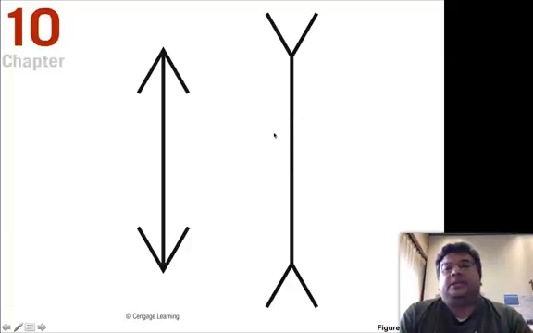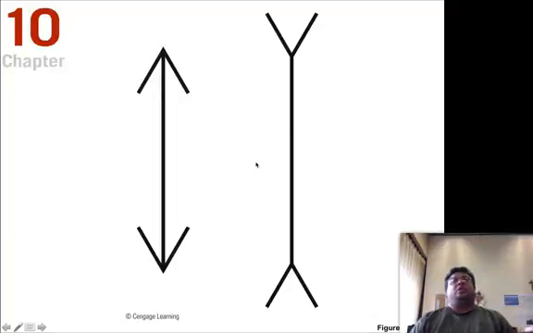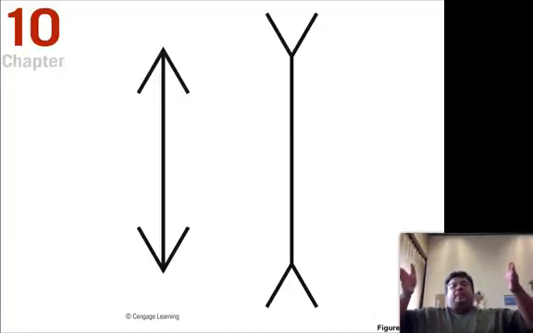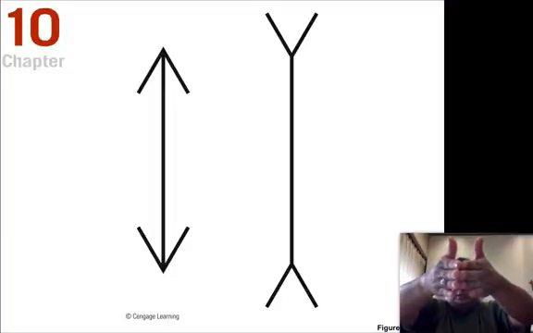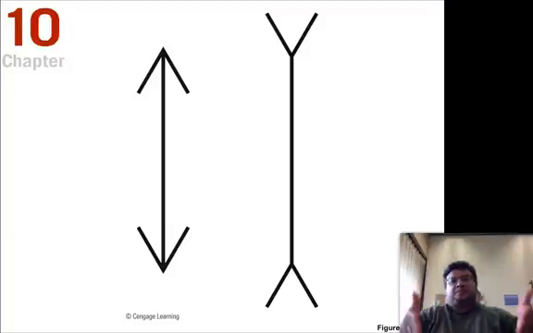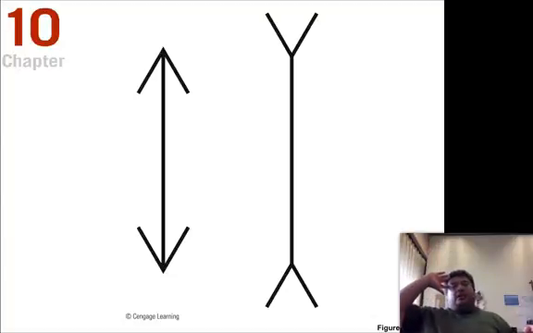Now, the reason this line looks longer is because we are perceiving this line as an inside edge. So we're standing inside of some room or whatever, and we're looking at the walls converging like this. So it looks like the line is further away.